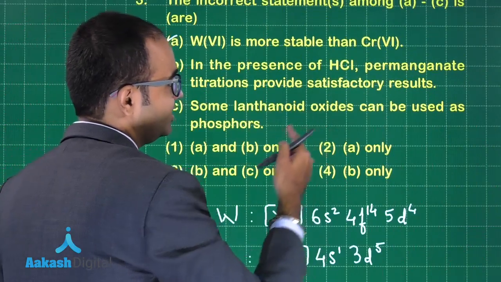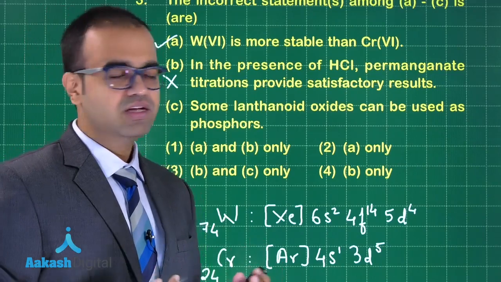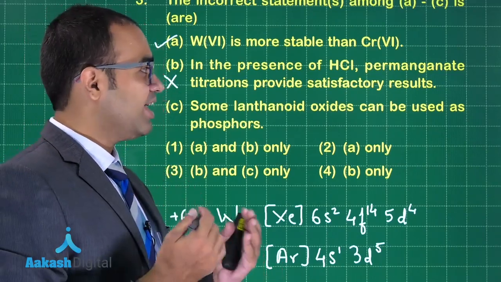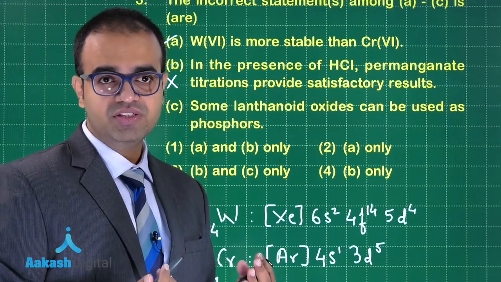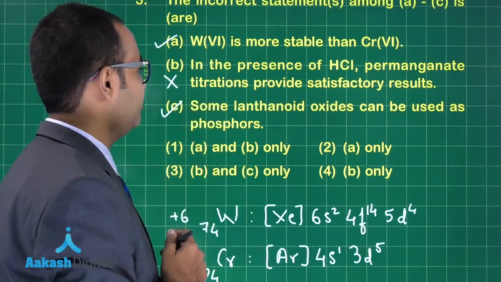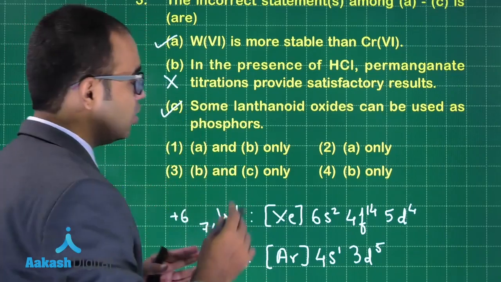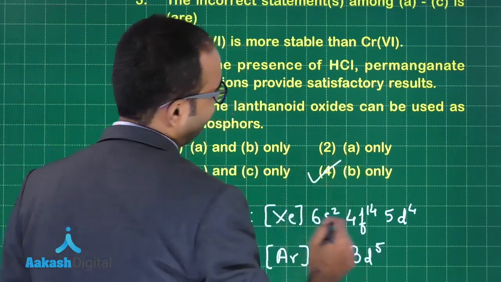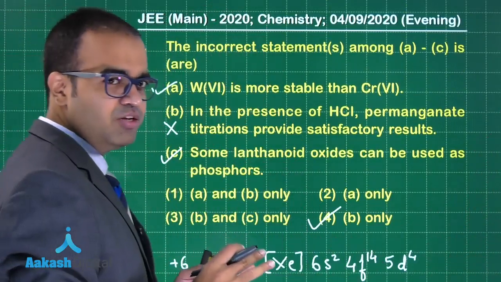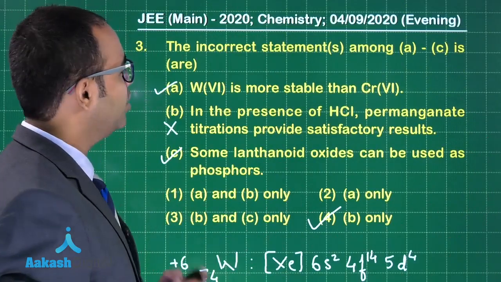Some lanthanide oxides can be used as phosphors. What are phosphors, guys? Phosphors are substances which show phosphorescence. Can lanthanide oxides show phosphorescence? The answer is yes, so statement C is correct. Out of the 3 statements, only statement B is wrong, so our answer is option 4. I hope you have understood this, guys. It's a moderate question, few concepts involved, but easily done. Let us move on to the next question.